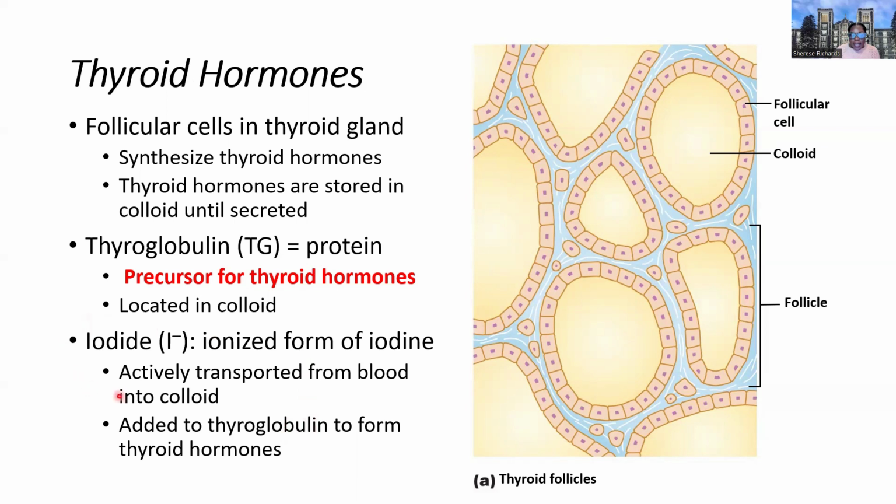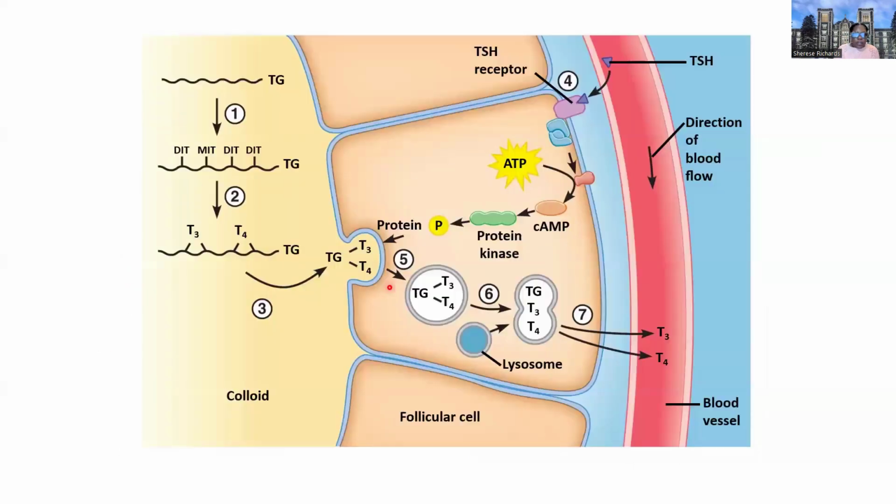So iodide is important: iodine in the diet, and then ionized into iodide. When we have a deficiency of iodine in the diet, that can result in hypothyroidism as well, decreased thyroid hormones, because we don't have adequate amounts to make thyroglobulin into functional thyroid hormone.